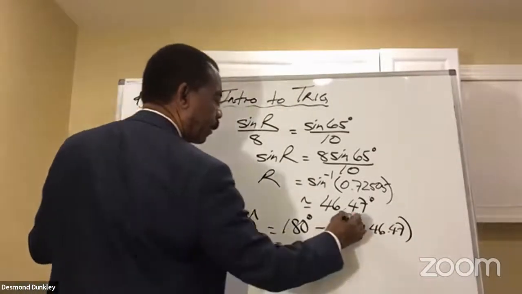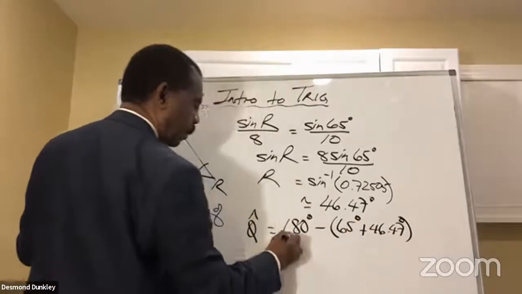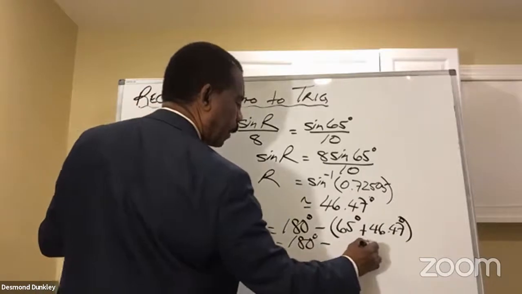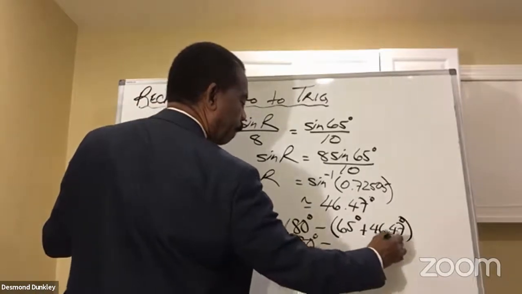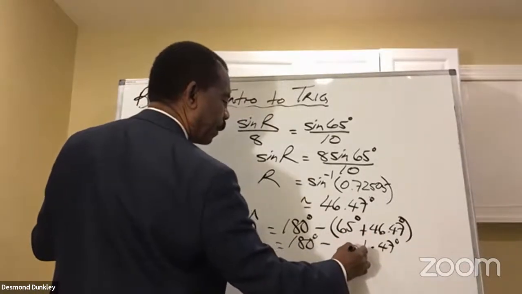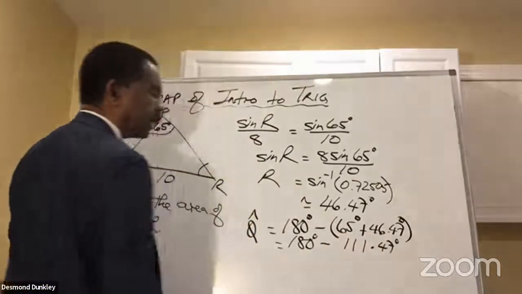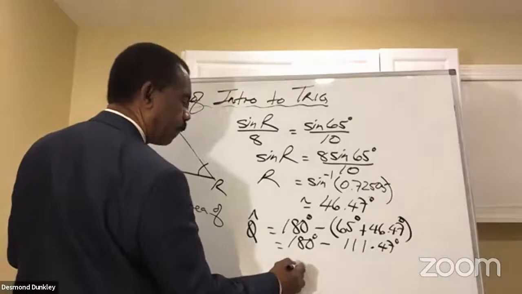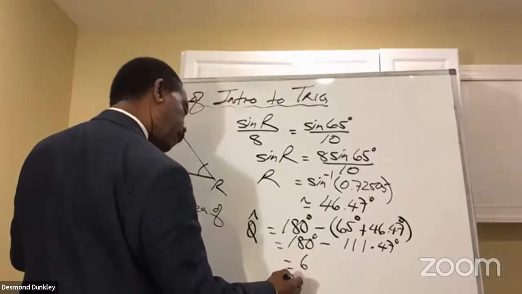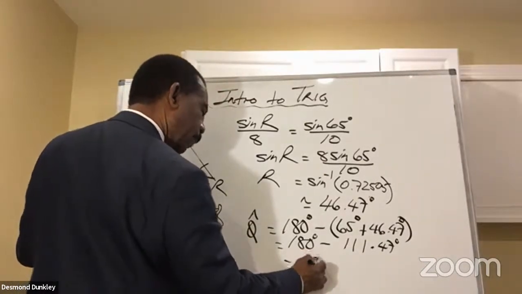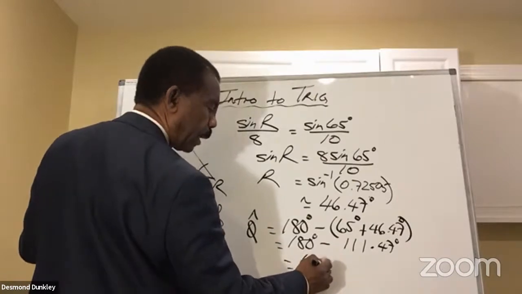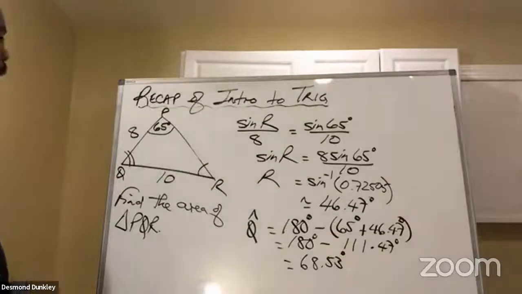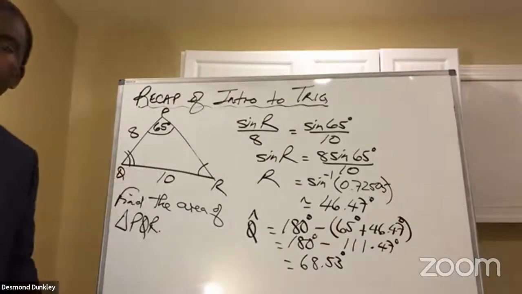So that's 180 minus 111.47, which gives us 68.53 degrees. So now we know Q is 68.53 degrees.